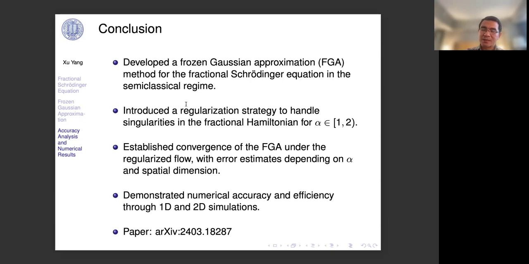We need to regularize the Hamiltonian, and we also need to make a cutoff, which means we have to analyze the filtered amplitude equation. Then we did numerical testing on the 1D and 2D cases of the frozen Gaussian approximation. And this is the paper that we posted on arXiv.